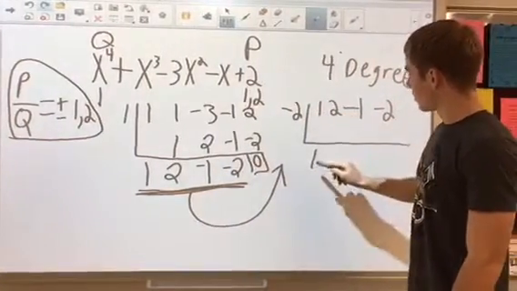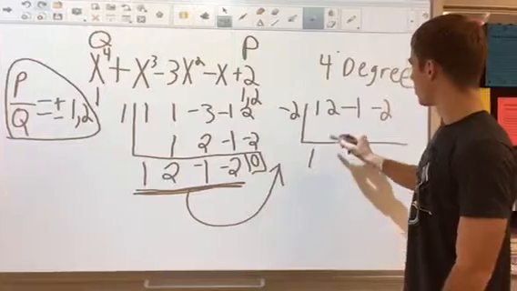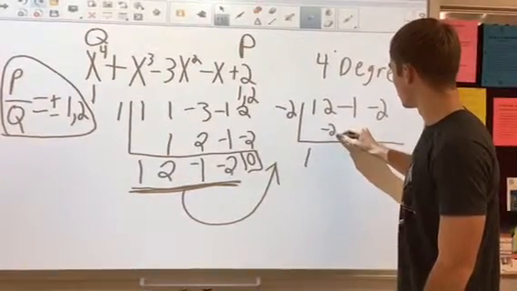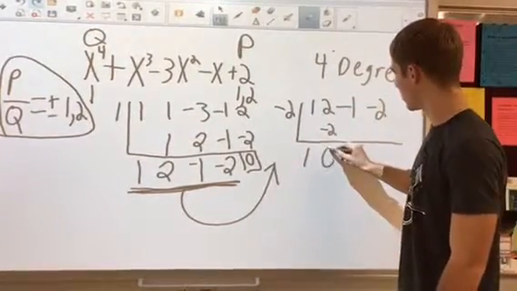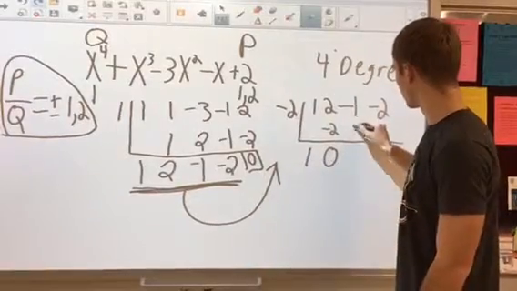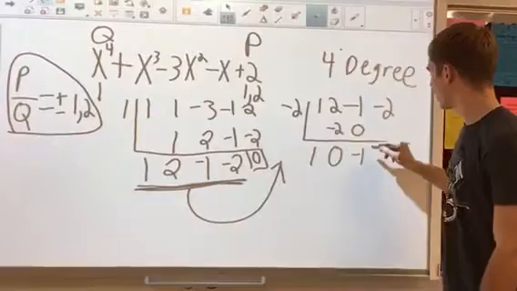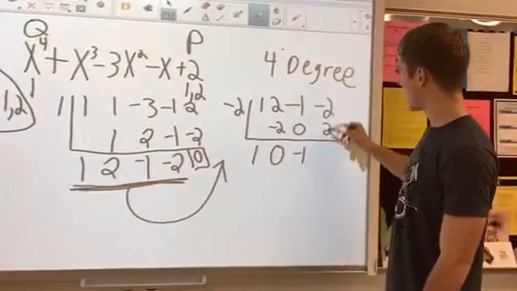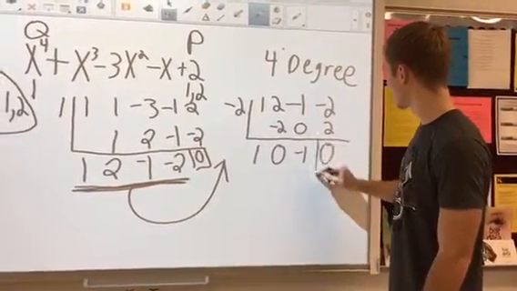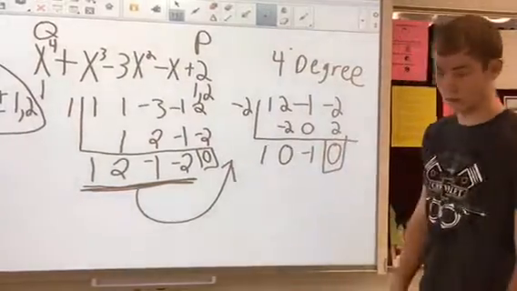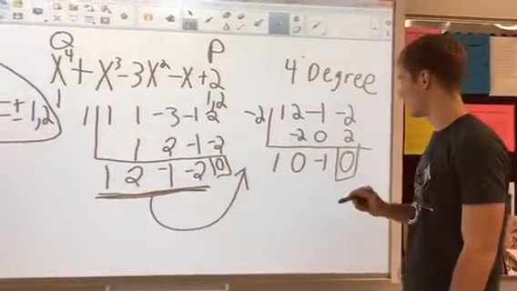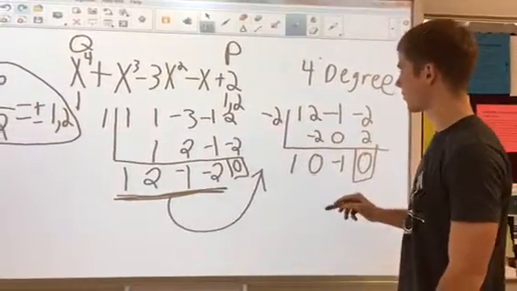So you bring this 1 down, you multiply these 2 here, that'll equal -2. You add these 2, 0. Multiply 0, add -1, multiply +2, add 0. And we found our second 0 for the equation, which is -2.